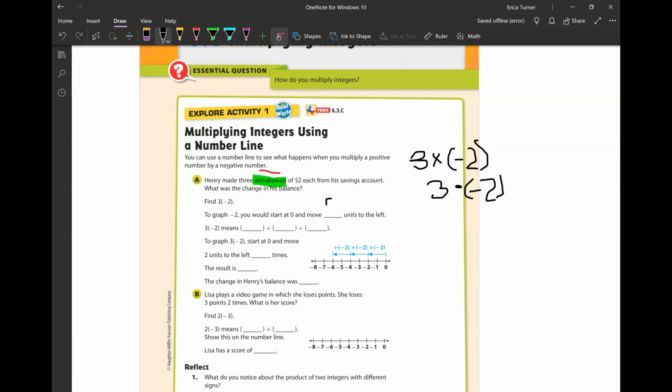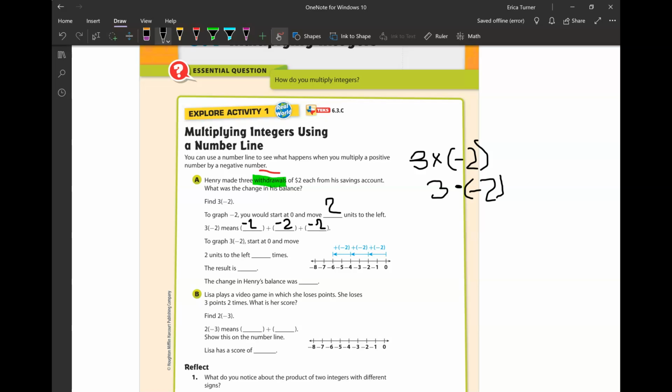So I'm going to move 2 units to the left. 3 times -2 means -2, that was his first withdrawal, plus -2, that was the second withdrawal, plus -2, that was the third withdrawal.